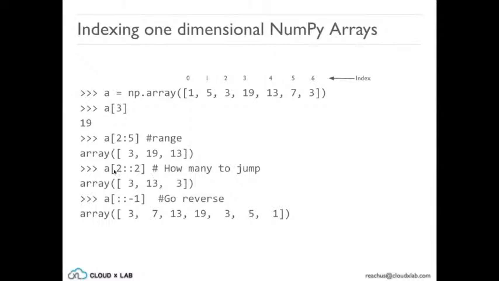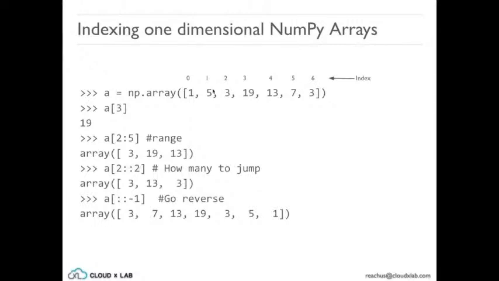The other method in which I can access slices or parts of it is by this concept of jumping, if I add a third dimension here. So what this one tells me is how to jump. So this particular function says 2, I've got nothing here, and 2 here. So what it says is start from index 2, go till the end of it, because nothing is specified. That basically means go through the entire array with steps of 2.